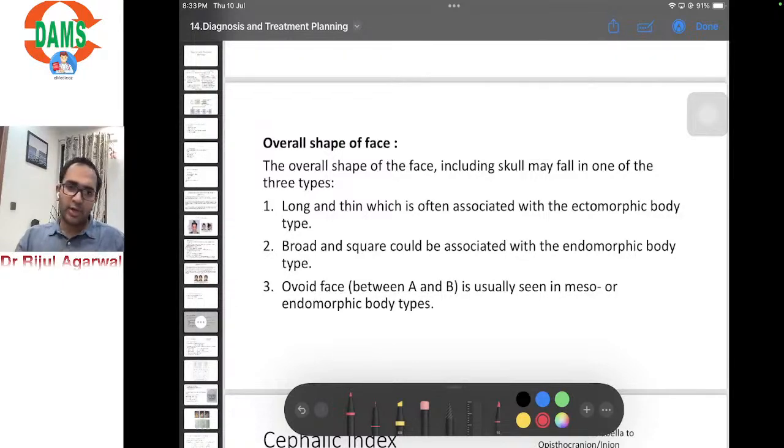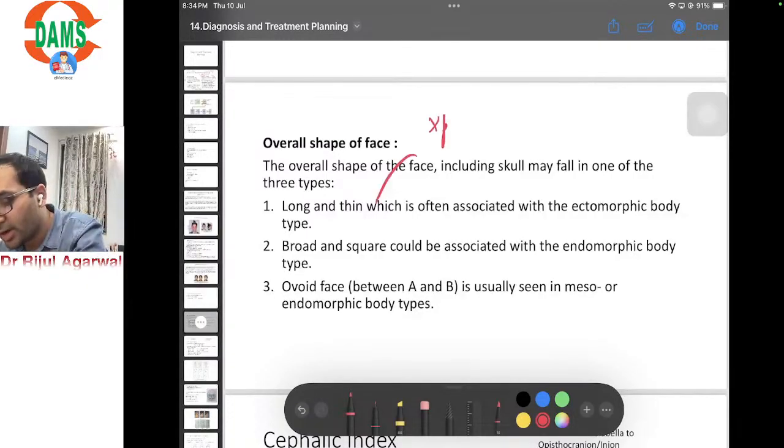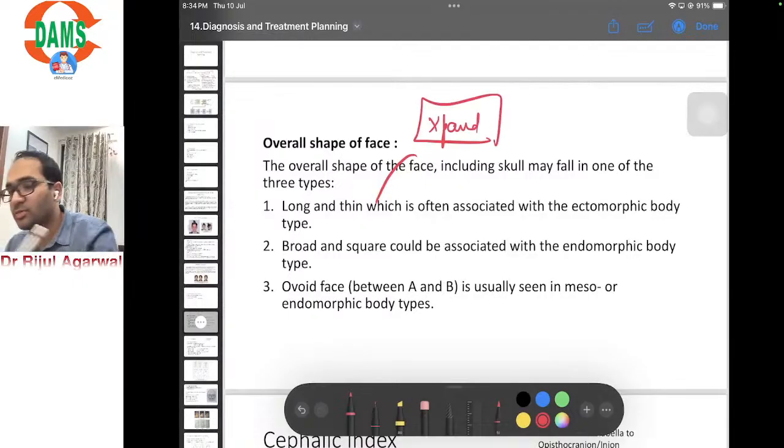So how does it become important in orthodontic treatment planning? Supposedly, a long and thin face is normal for an ectomorphic body type. That means you won't expand those arches. What will happen if in a long and thin face you start to expand the arch?